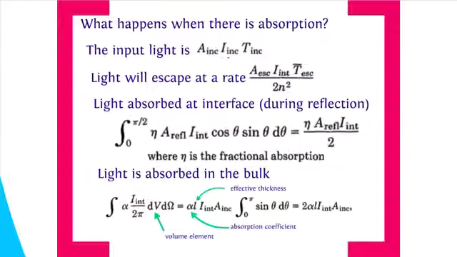So we can compute the fraction of light absorbed by doing this integral, where A reflection is the area that is reflected. It includes the top as well because it also reflects at the top, times the intensity inside, the same expression as before, except now we have a term eta, which is what we call the fractional absorption on the interface. The integral is the same. Again, remember, we only do it within the cone, which is where the reflection happens. No, this is for all the angles, right? Never mind.